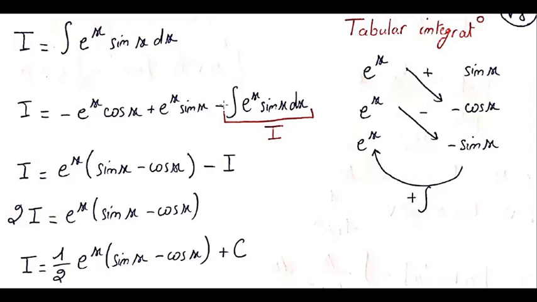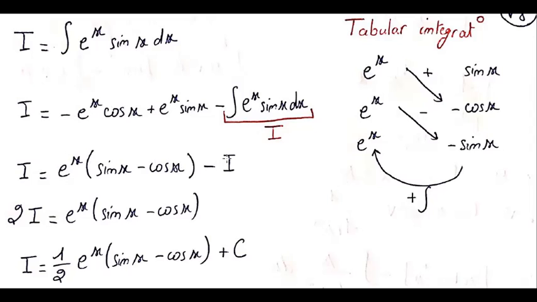So it's minus the integral of e^x sine x, which is I, the integral that we are trying to solve. So I will have I equals, I took e^x as a factor between these two, so it's e^x times (sine x minus cosine x), minus I.